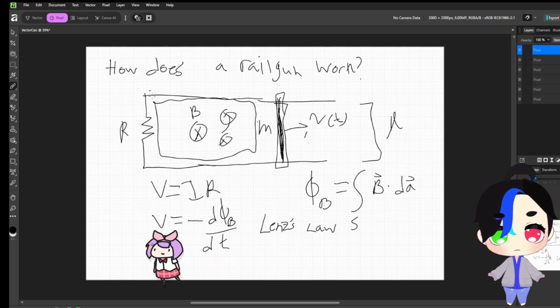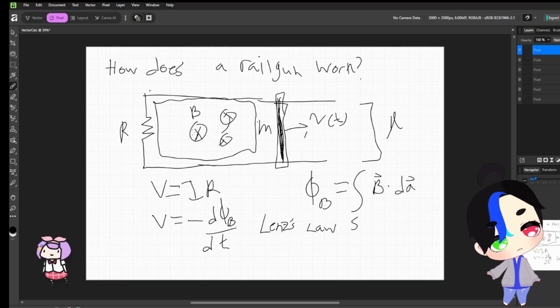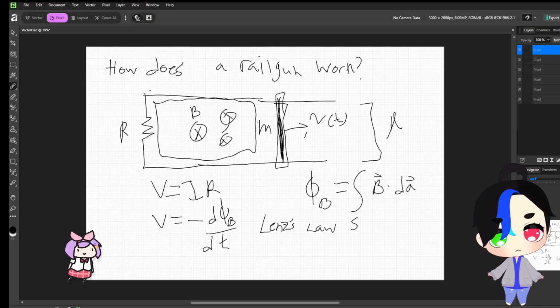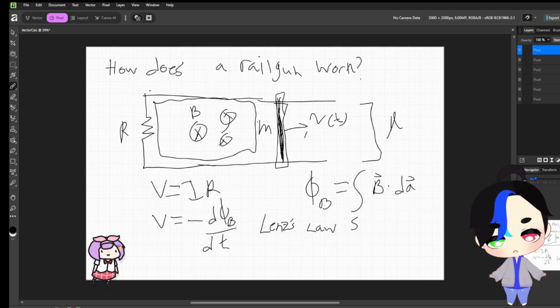So, if there is initially no current flowing through this circuit, but this bar is moving, which changes the area that the magnetic field passes through, then it will induce a voltage that will generate a current. So we can calculate this.